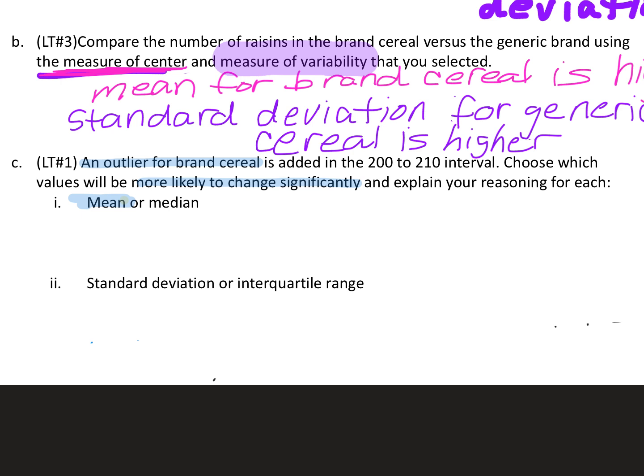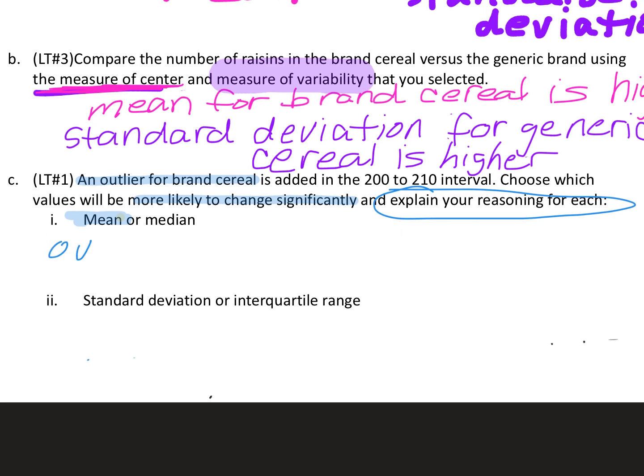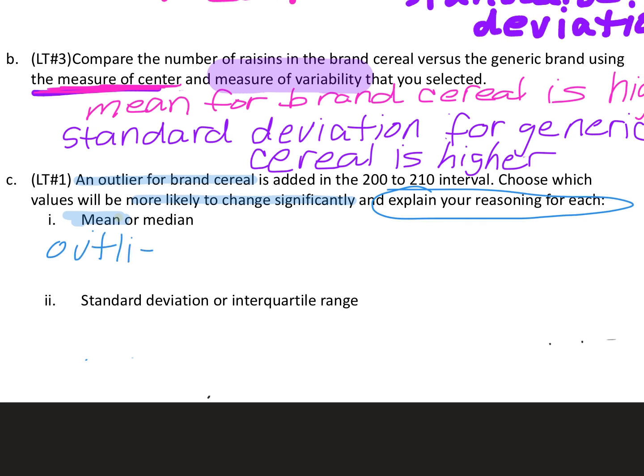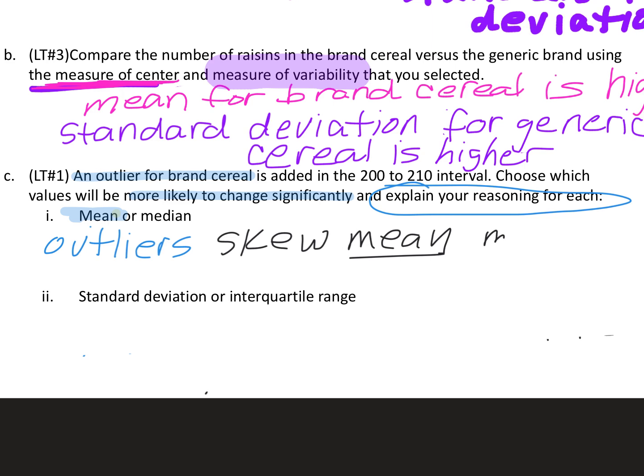And the reason for that, to explain your reasoning, is outliers skew the mean more than the median.